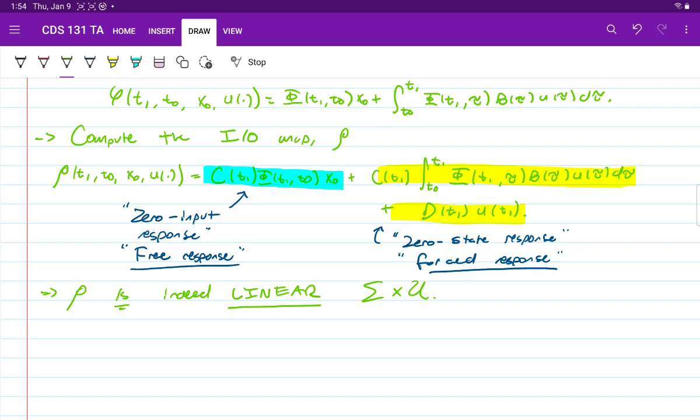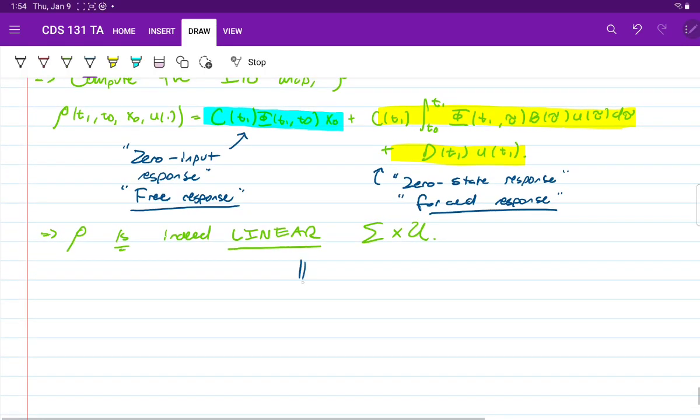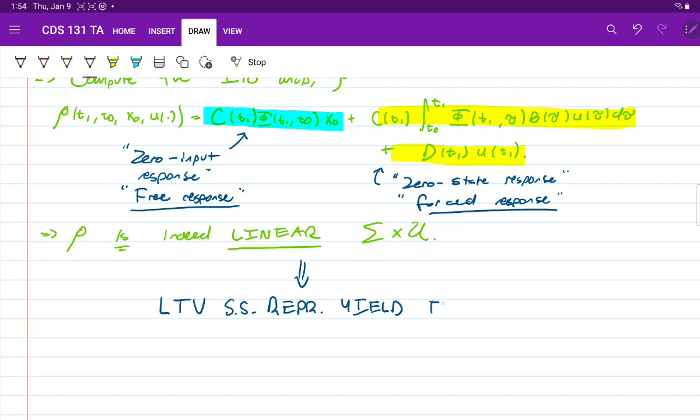So this big linearity property is satisfied, and what that tells us is that, after a little bit more work, just verifying some formal composition axioms and all these different things, linear time varying state space representations yield formal linear systems.